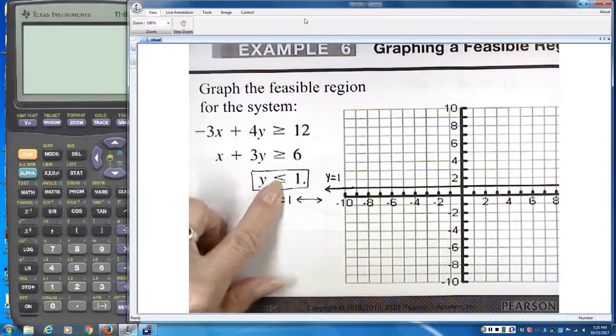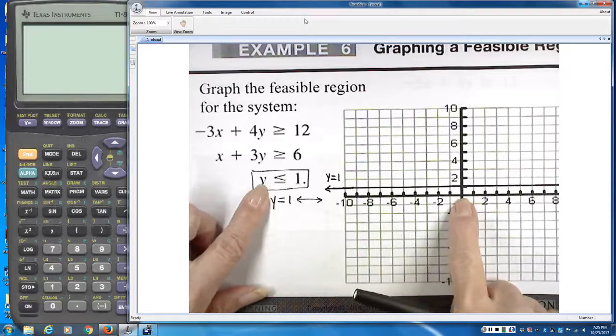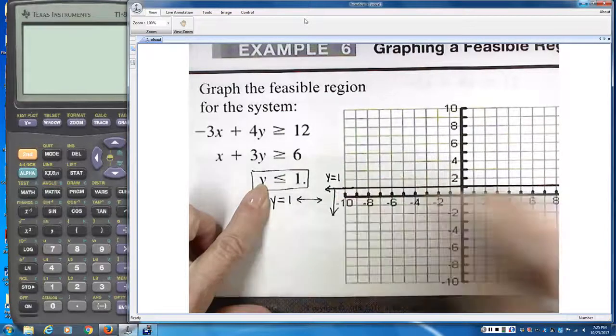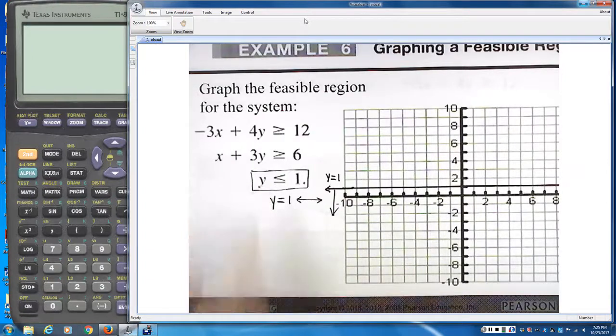Since it says equal to or less than 1, certainly 0 is less than 1. So that means we're only interested in the part of the graph that's below that line.